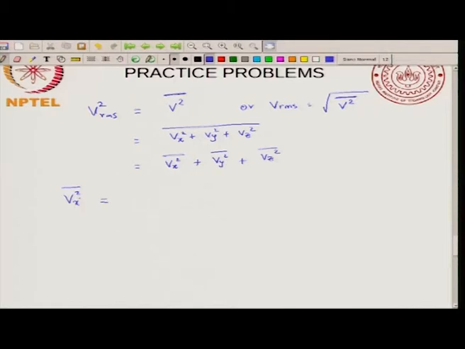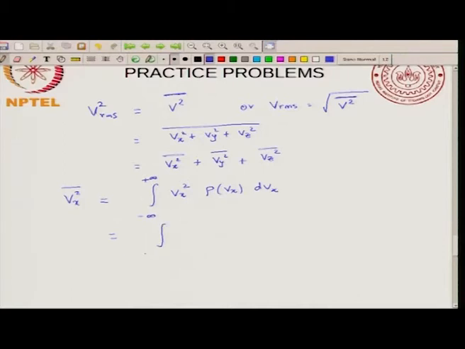Now, this is only a function of x. So, I can write this as the integral from minus infinity to plus infinity of Vx square times p of Vx dVx, and you can show this using the integrals that we have seen.